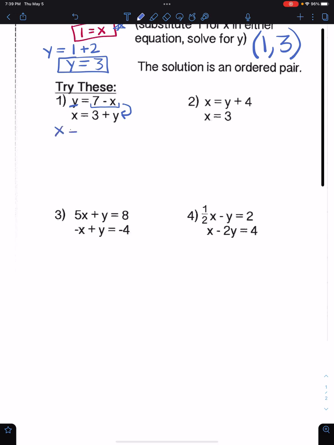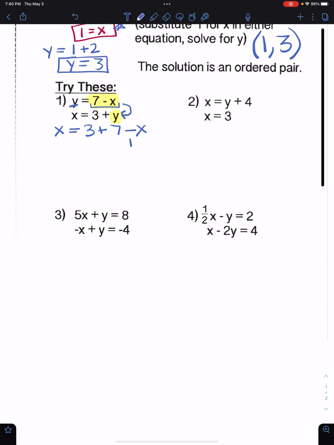So let me rewrite that second equation. Instead of y, I'm going to write 7 minus x. Let me highlight what I did. Instead of this y, I replaced it with 7 minus x because the first equation says that y is 7 minus x. So that is an okay move to do.